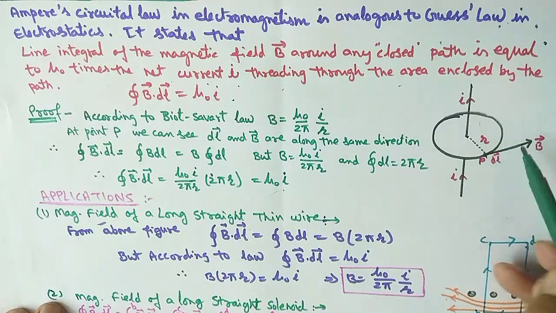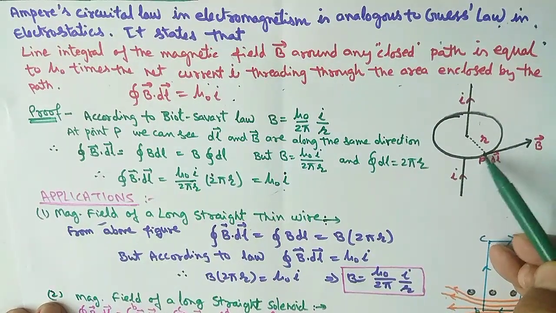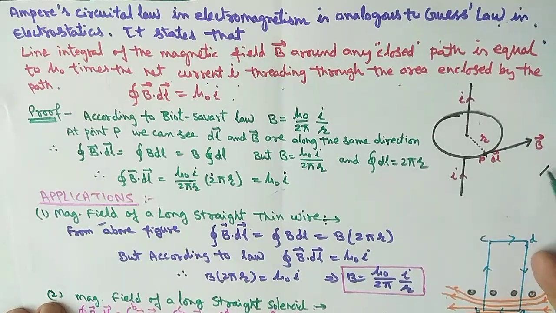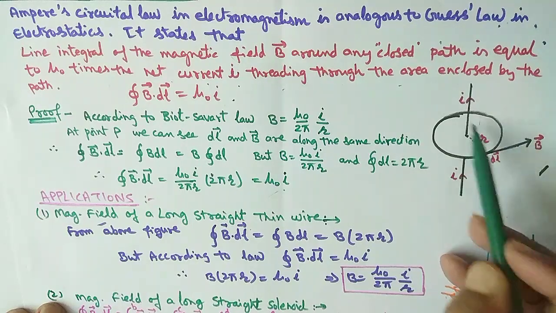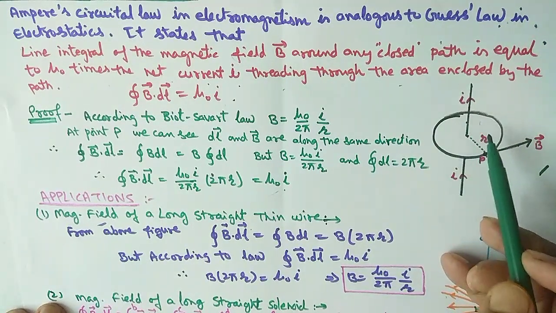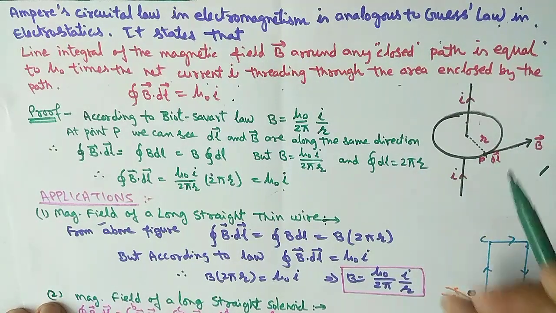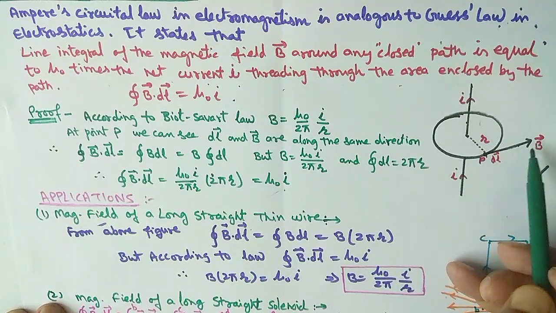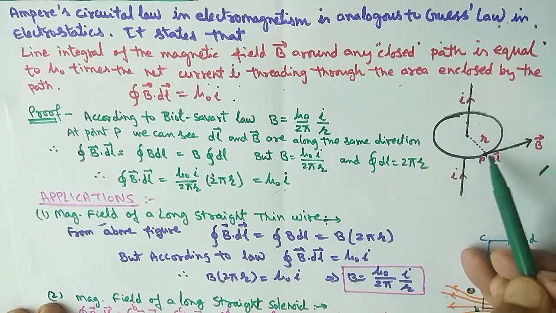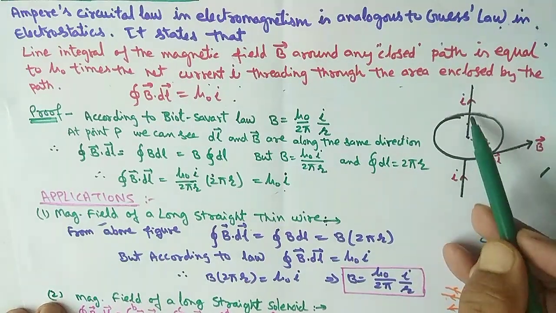And here you can see, if you take this small length, what is the direction of B with respect to this current? You know very well, using the different rules to find the direction of the magnetic field, it is always perpendicular to the current, and this line is again perpendicular to this line.